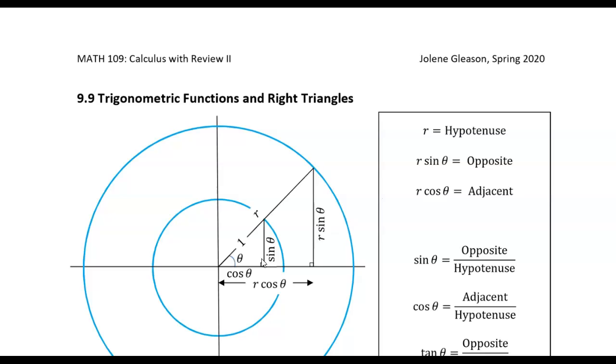Okay, let's scale that up. Let's take that unit circle. If we scale it up to a circle that has a radius of r, you can see we can also scale up that triangle. So now instead of the hypotenuse being 1, the radius of the unit circle, the hypotenuse is now the radius of the larger circle with a radius of r.